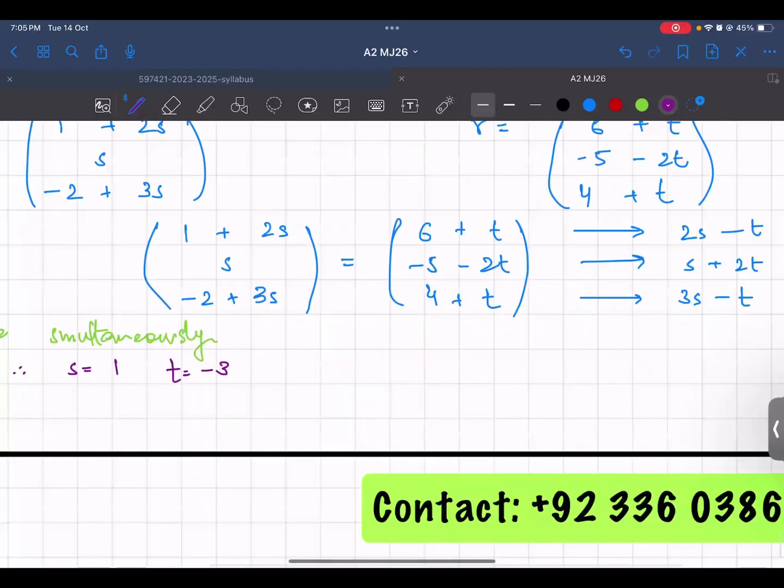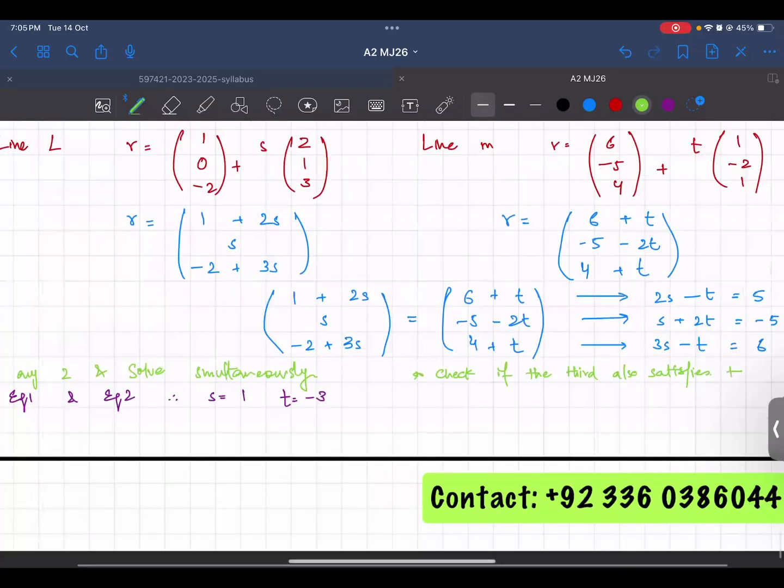And now you see, check if the third also satisfies these values.